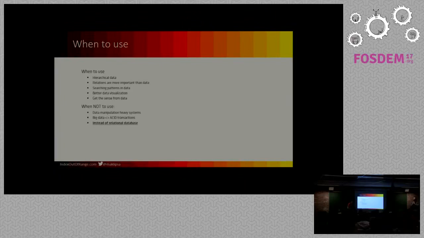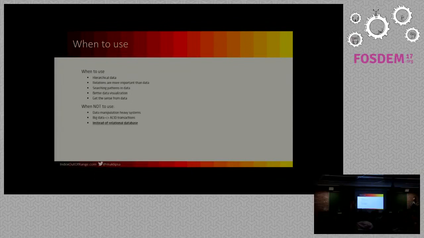Next, when you are thinking about big data, ACID transactionality probably won't be your best pick because it will be heavy. And the last but most important: I really wouldn't like someone saying, I will just scrap my relational database and replace it with a graph database. In some cases it will be really awesome and fast, but they are not general purpose databases.